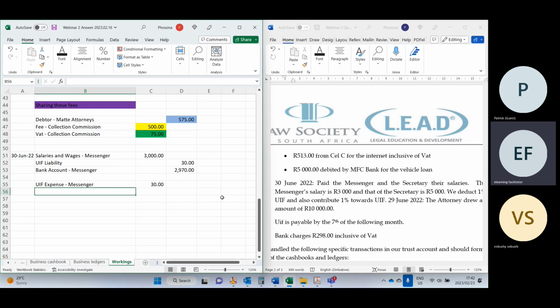But for your secretaries, if you have a secretary who is permanent, employed at your offices, as long as they are working for more than 24 hours, you are supposed to deduct. So even if you are receiving your money from the Road Accident Fund after 6 months, your secretary, you pay them on a monthly basis.